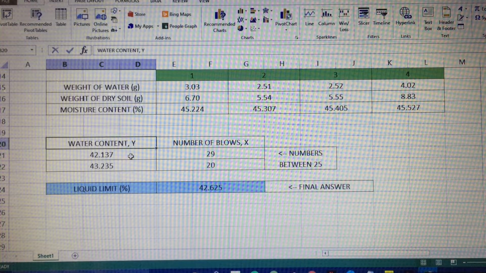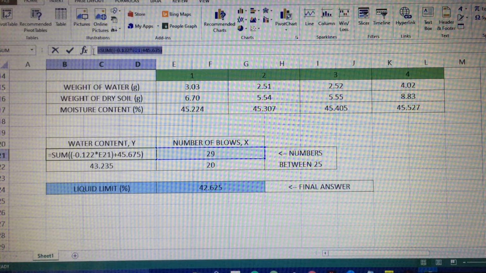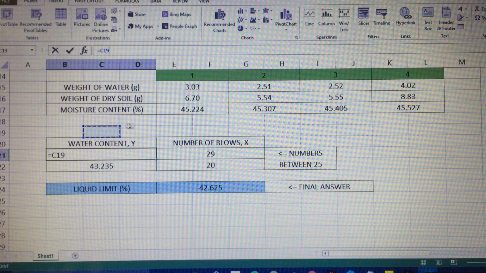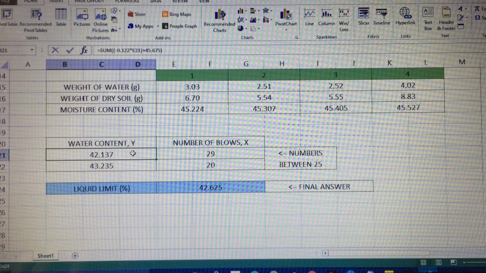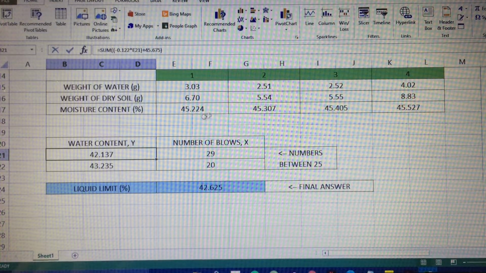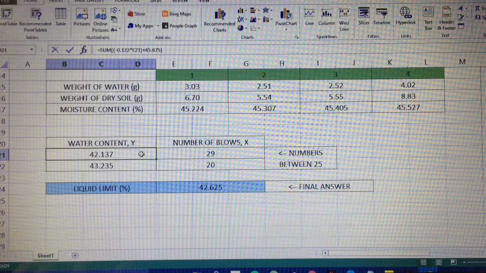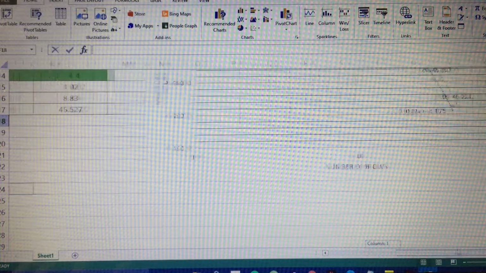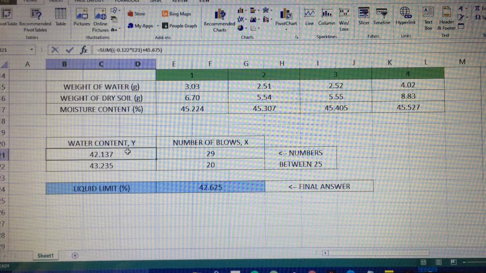So, yun yung nilagay natin dito sa formula niya. And, kapag ma-change na tong value sa moisture content or sa number of blows, automatic then ma-change ang value dito sa water content.